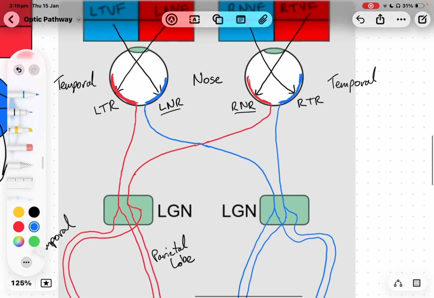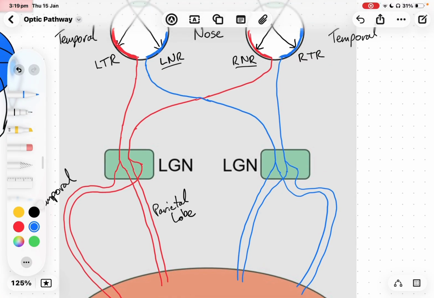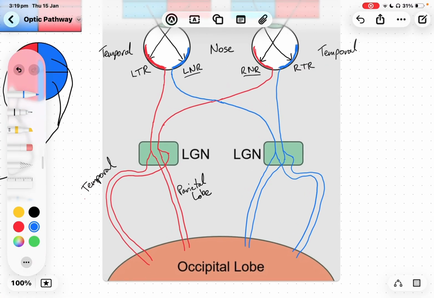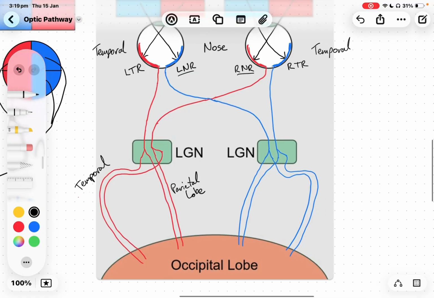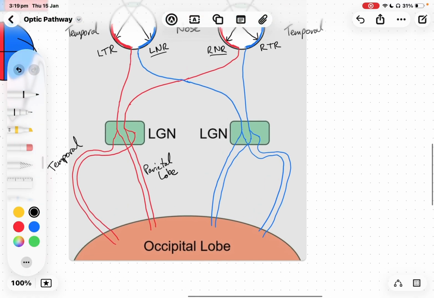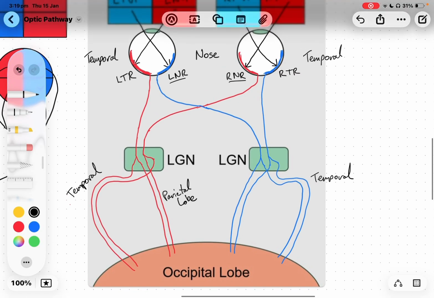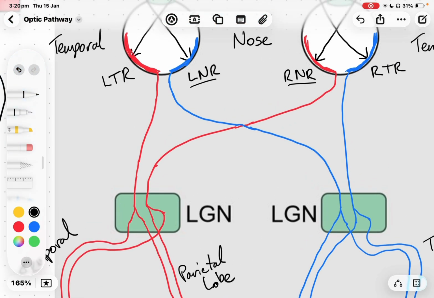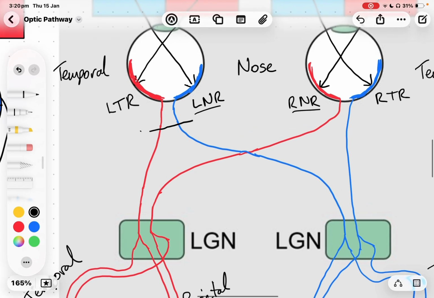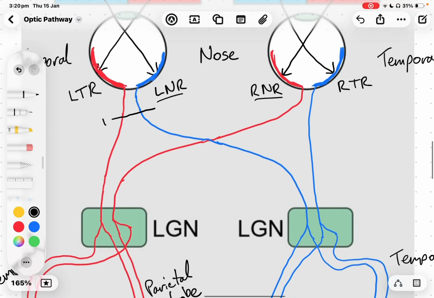But where your understanding really starts to get tested is if you can identify what the blindness would be if you were to tear up a different portion of this tract. So for example, if I was to put a lesion straight through the optic nerve here, I'll call this number 1. What if I was to put a lesion through the optic chiasm here? We'll call that number 2.